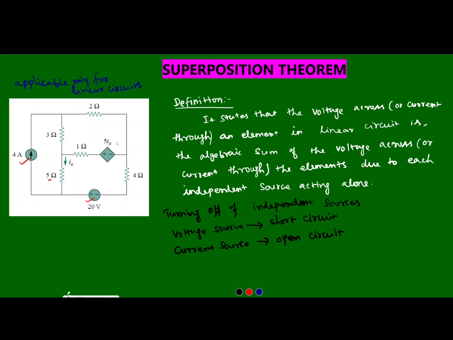Now what is the meaning of a linear circuit? A linear circuit is one in which, if I change any input value, the output value varies linearly according to the input. Those kinds of circuits can be called linear circuits.